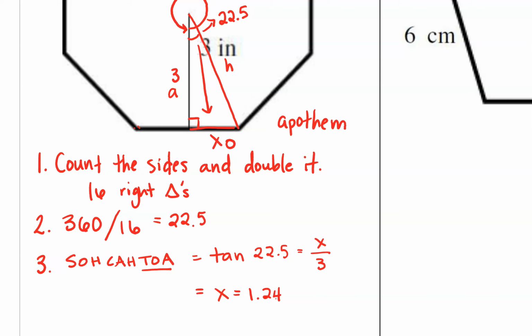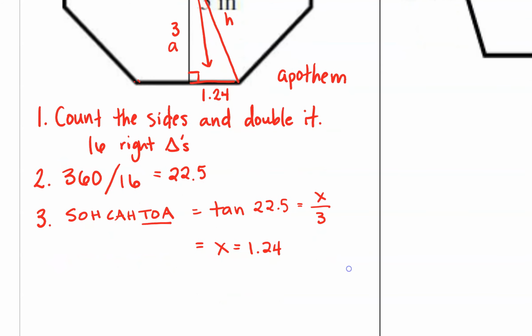Okay, so that gives me a value right here of 1.24. All right, now can I find the area of this triangle? Area, so that is 1/2 the base that I calculated times the height of 3. Let's do that in my calculator. Times 3 divided by 2, the area of that triangle is 1.86.